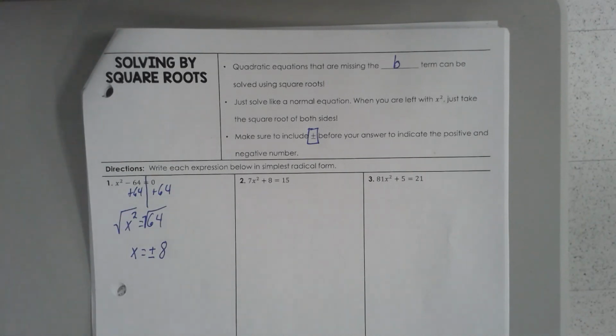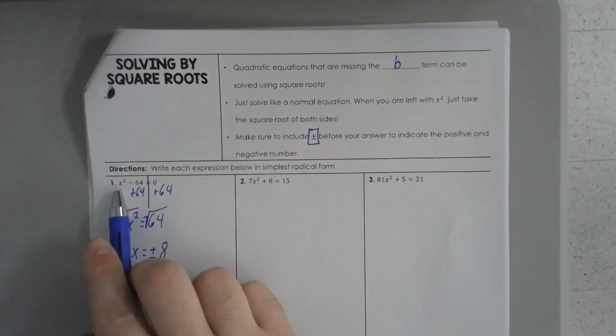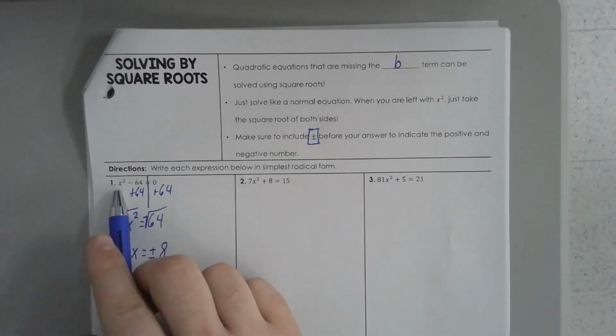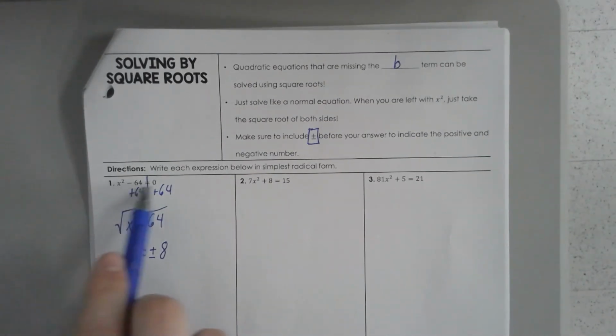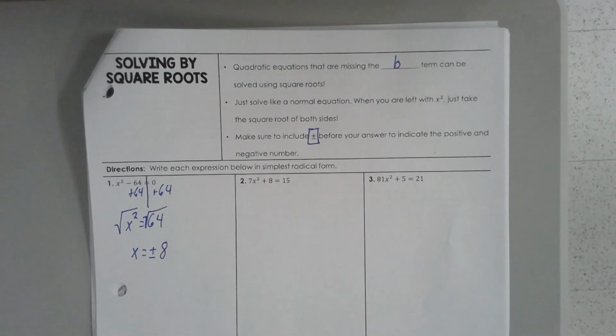You know why? Do you know why? Oh, okay, that's okay. I didn't figure you would, but your plus or minus. So if you look up here, what is 8 squared? 64, right? What about negative 8? Also 64. So 8 and negative 8 both make this equation true.